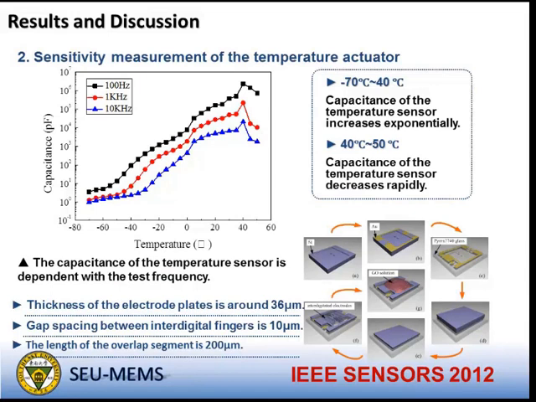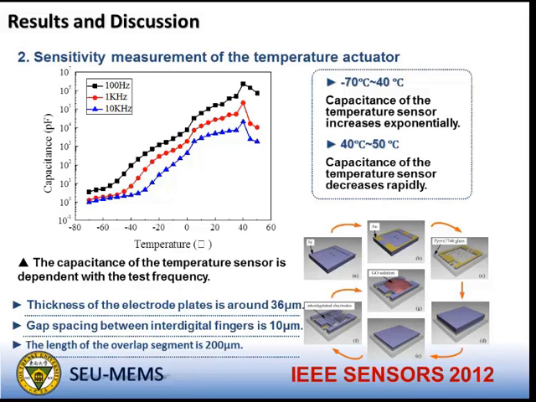This is the sensitivity measurement of the temperature sensor. As shown in this figure, when the temperature is the same, the higher the test frequency, the lower the capacitance, and the capacitance of the temperature sensor increases exponentially when the temperature increases from negative 70 degrees centigrade to 40 degrees centigrade.